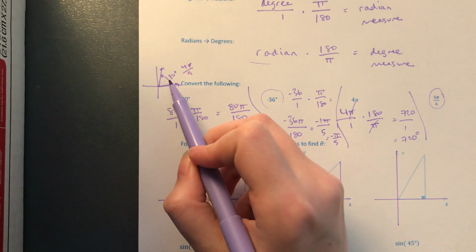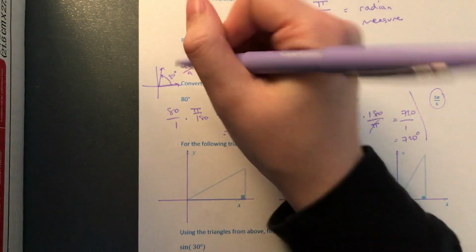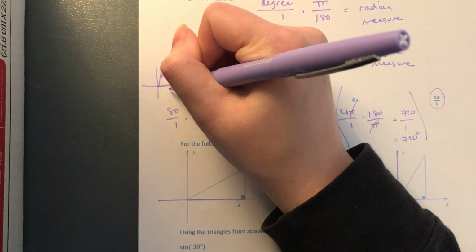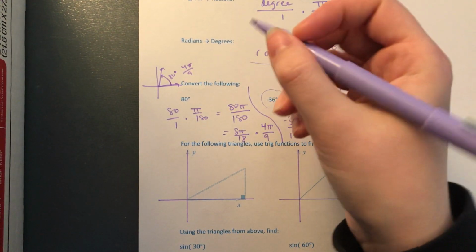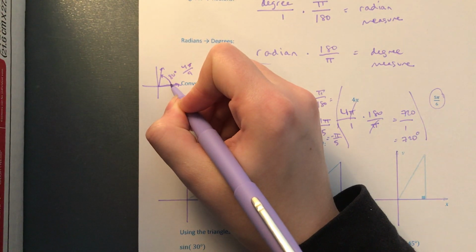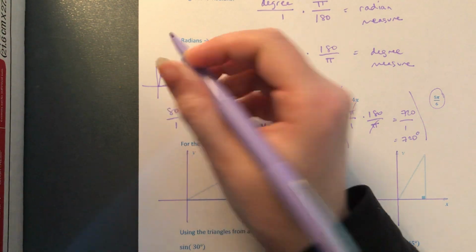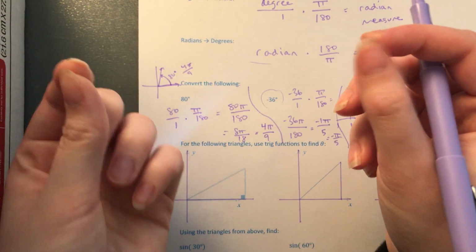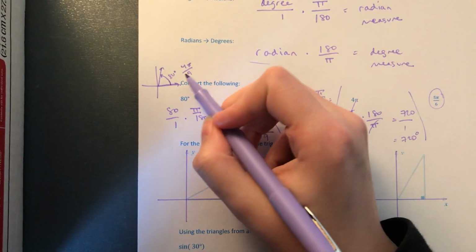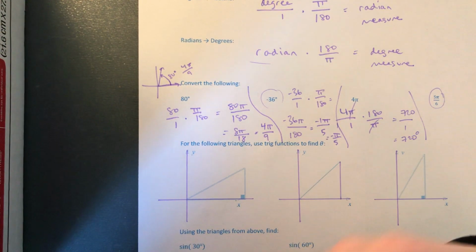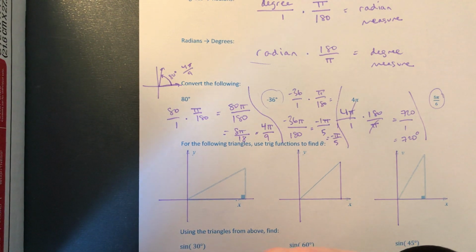Obviously 80 degrees is something that we can visualize better, but the length of this arc is 4 pi over 9, whatever units, centimeters, inches, feet, whatever it may be. If you took a piece of string and wrapped it around this arc and then measured that piece of string, if you pulled it flat, it would be 4 pi over 9 centimeters, whatever. You could actually find this decimal, right? And you could match it to the centimeters, inches, whatever you need.